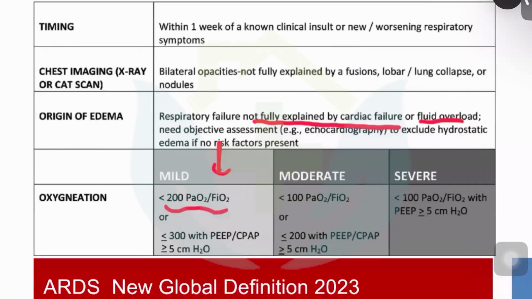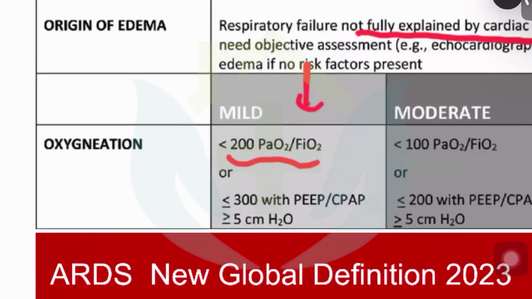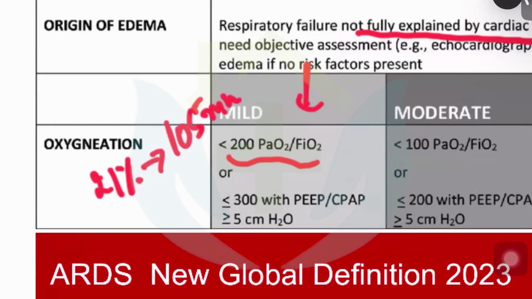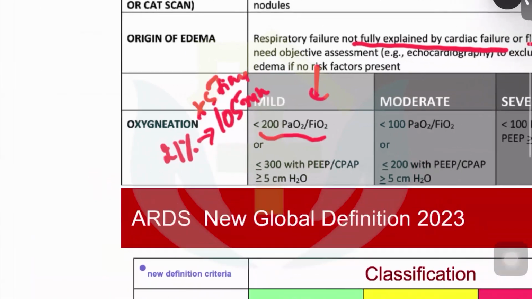Basically, my regular funda to tell my students is that the lungs are kind of a step up transformer. So if in room air the oxygen is 21%, then we understand that the PO2 is 105 millimeters, which is 5 times. So normally the lungs will convert the figure of 21 to 105, which is 5 times.